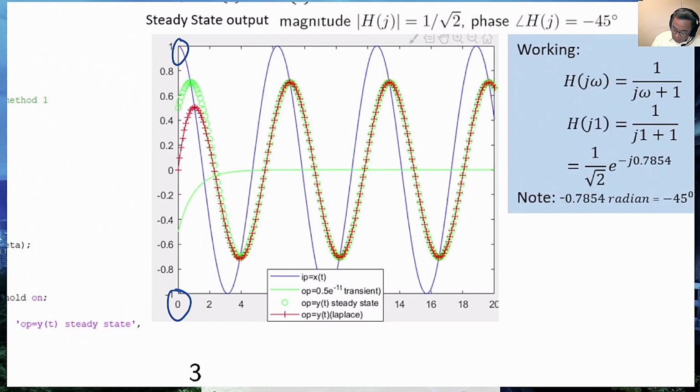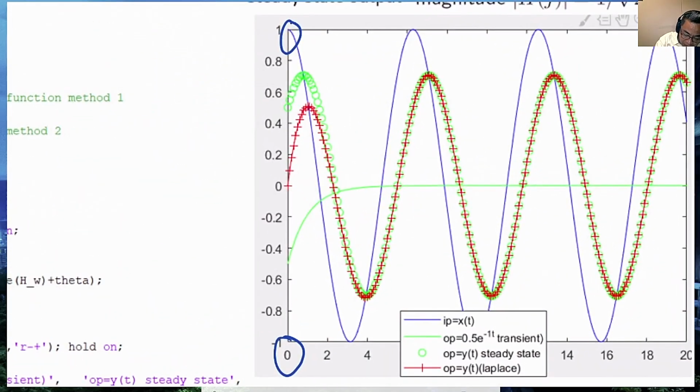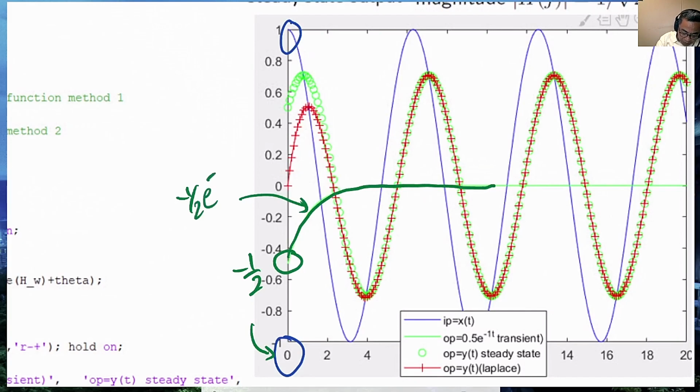Now, what about the complete response, which is this transient, minus half e to the minus t? Where is it? This green line over here is minus half. It starts from minus half at time 0 and it decays. So this line is minus half e to the minus 1t.